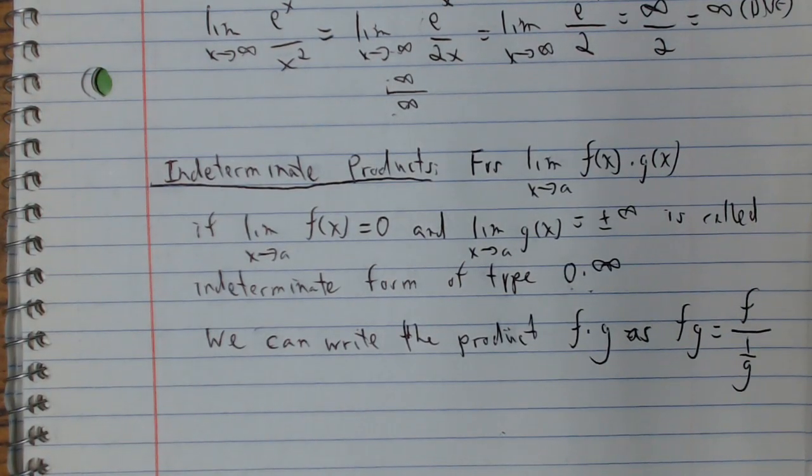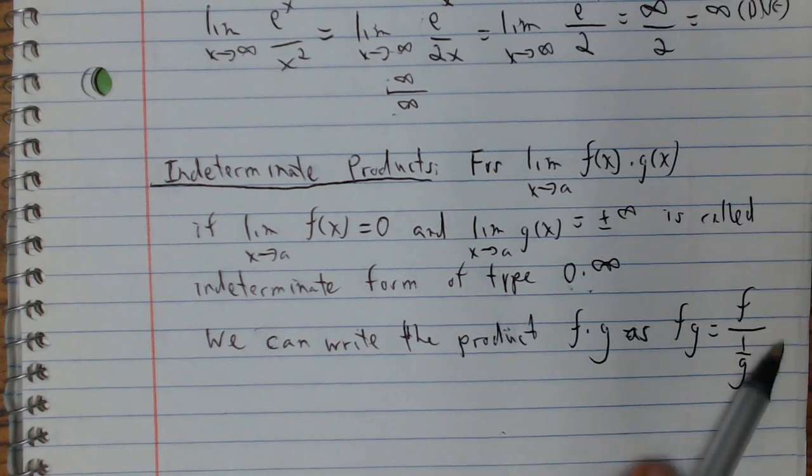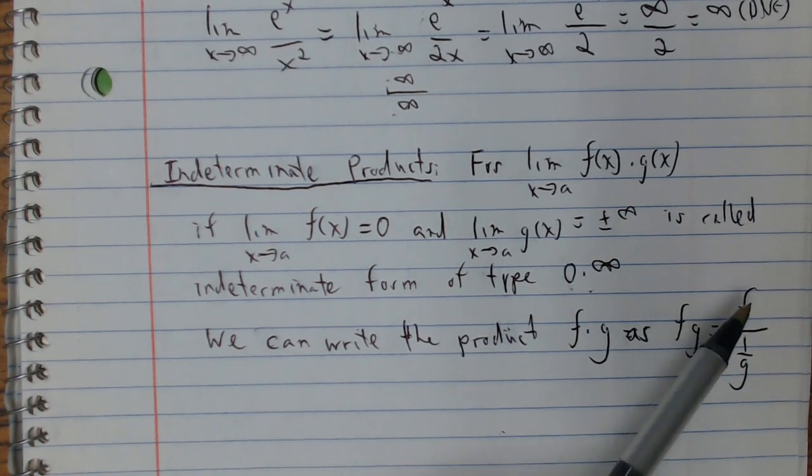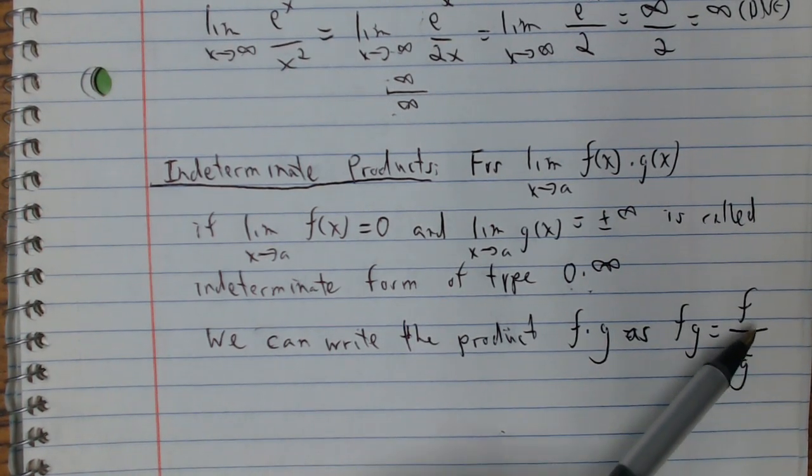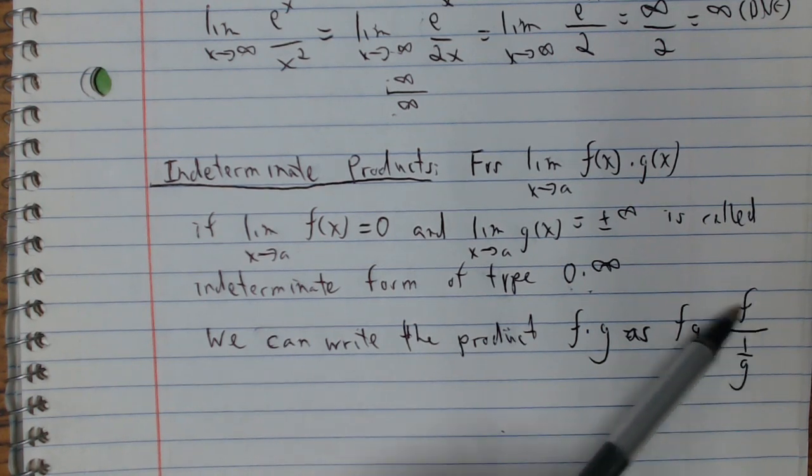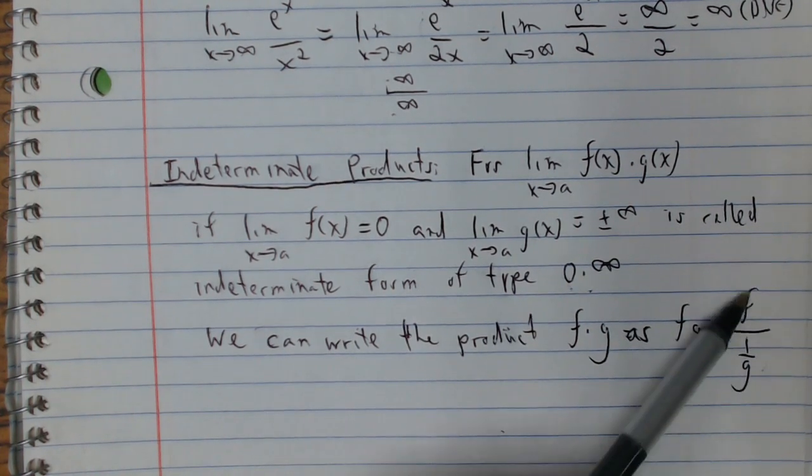Hopefully this verifies, because f divided by 1 over g is basically f times g.